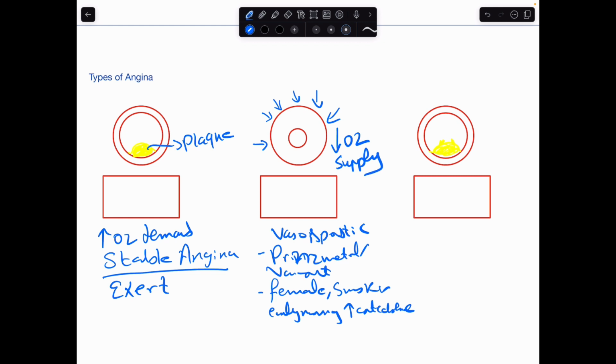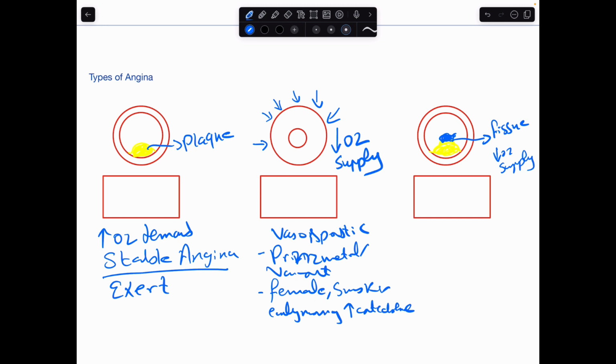Now let's look again at the same vessel. Let's look at this plaque. This plaque has fissured now, so it's no longer stable, and this fissure caused a bit of platelet aggregation. As you notice over there, the lumen is more blocked with a bit of clot and a bit of plaque, so there's decreased oxygen supply, and this doesn't necessarily have to happen at rest because the lumen is a bit narrower.